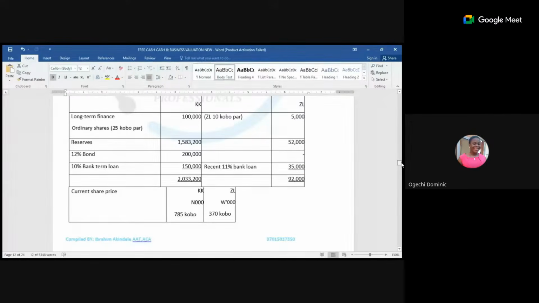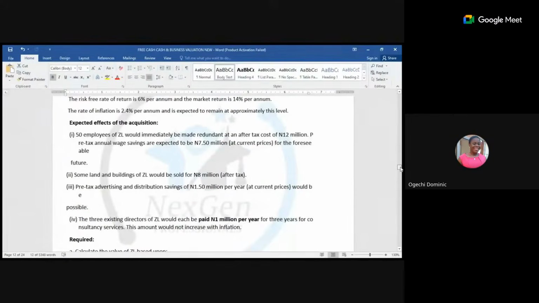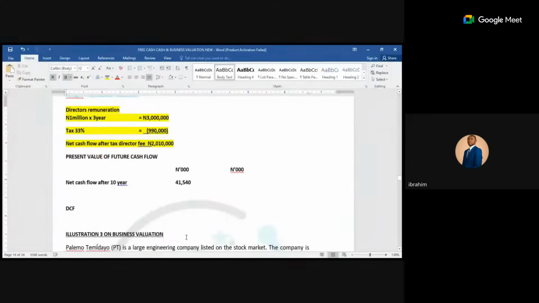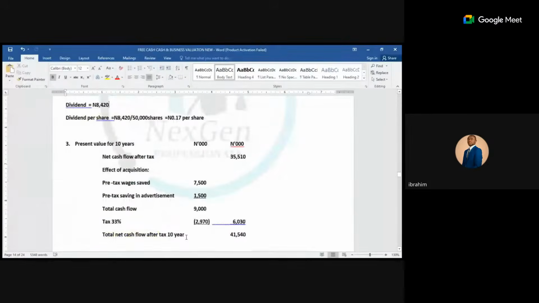I think from their financial statement, the discount. So this is in money term, right? They gave us this in real term.